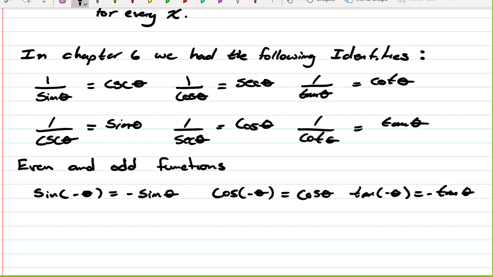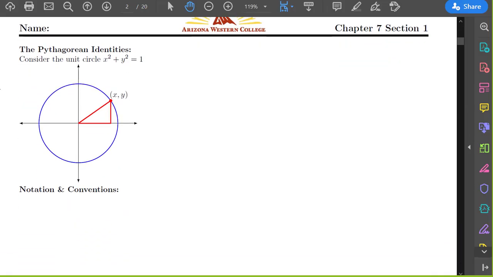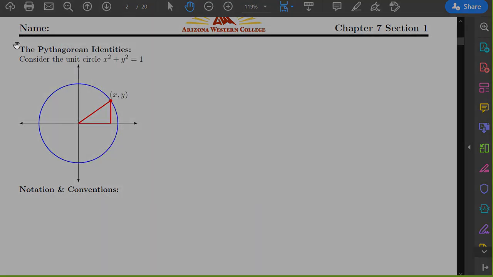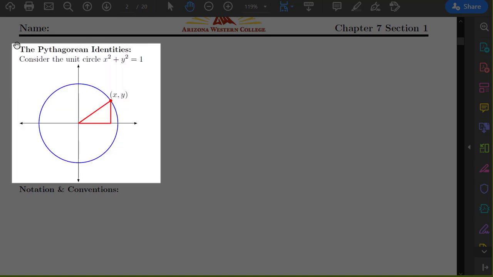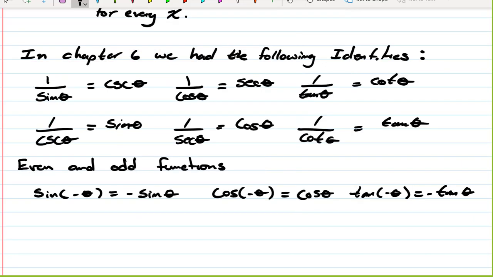So these were some of our identities from chapter 6. All right, so now our goal is to develop some identities. So the first thing we want to talk about are called the Pythagorean identities. As their name suggests, they are going to be related to the Pythagorean theorem.